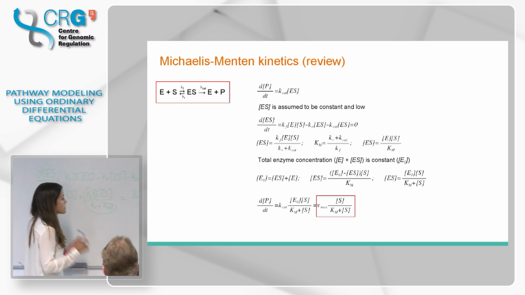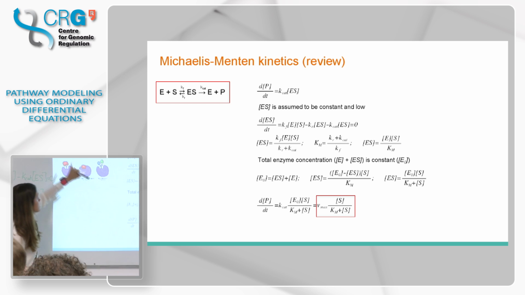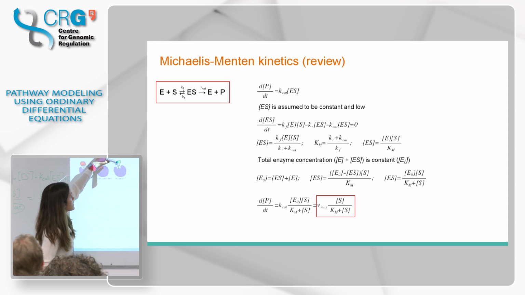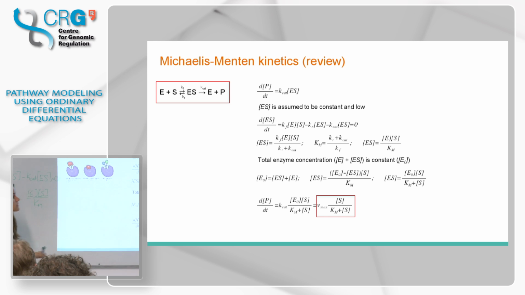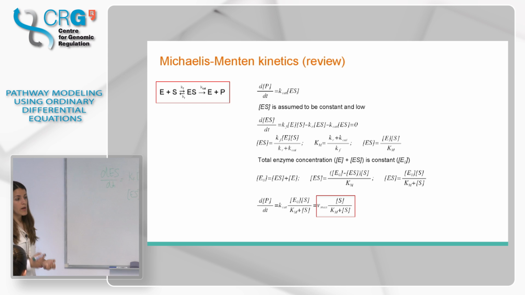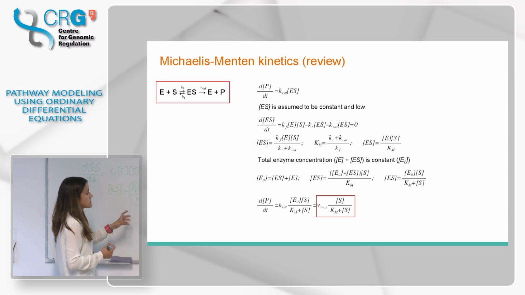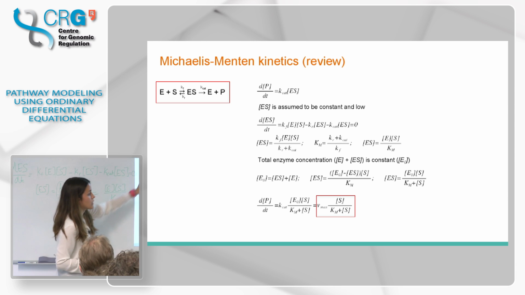So now we're going to make another assumption, that the total enzyme concentration, the one that's free and the one that's forming this complex, is going to be constant. And we can make this assumption because the time that it takes to produce new enzyme in transcription and translation is going to be much longer than the time it takes to complete enzymatic reactions.